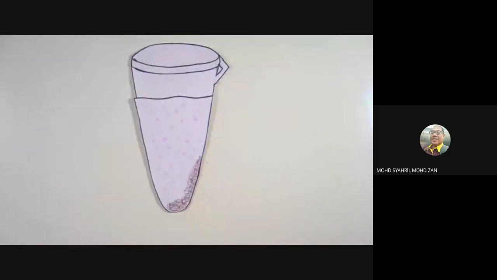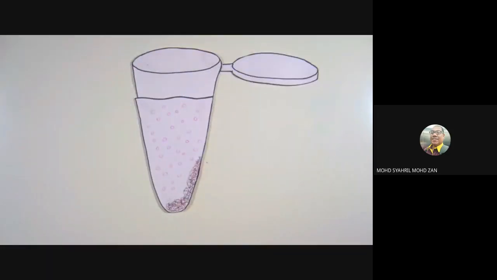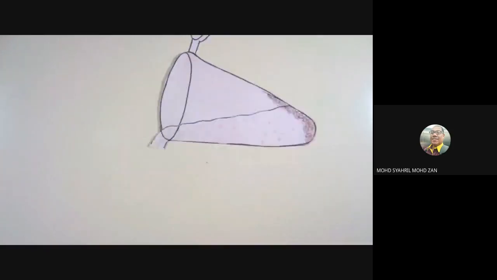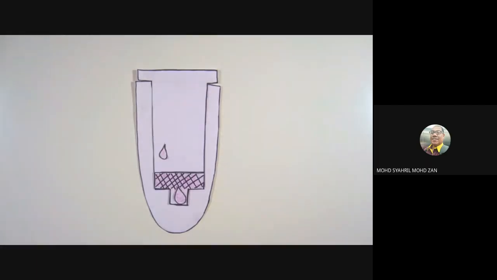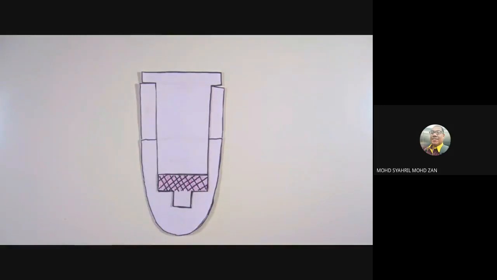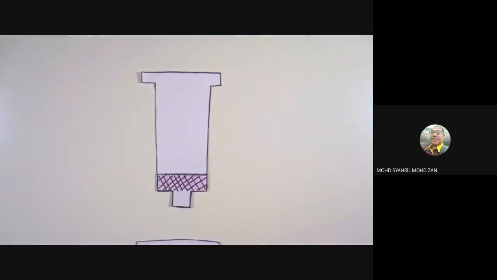The tube is centrifuged to separate the solid precipitate, which will be discarded from the liquid supernatant. The supernatant containing the plasmid DNA is passed through a spin column containing a silica matrix. The plasmid DNA binds to the silica matrix, while the rest of the supernatant passes through the column and is discarded.